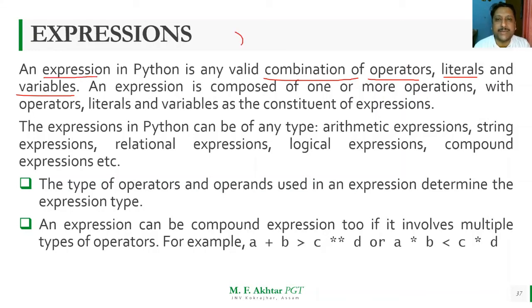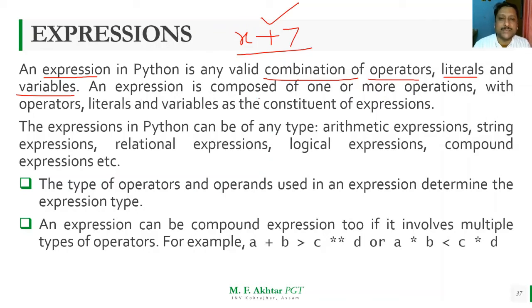For example, x is a variable, plus is an operator, and 7 is a literal. See, this is a variable, this is a literal, this is an operator. We have combined all these things, and this is known as an expression.